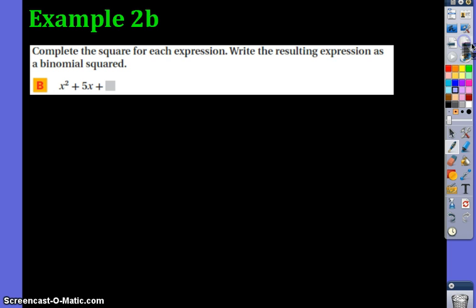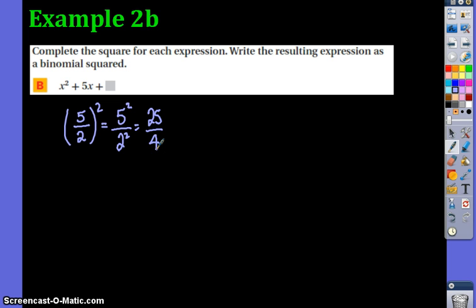All right, let's look at this one. Complete the square, rewrite as a binomial squared. Remember, we want to take half of b, so 5 divided by 2, and we want to square it. 5 divided by 2 doesn't divide nice and easy, so we're just going to leave it as 5 over 2, but we're going to square it. Remember our properties of exponents. This is really 5 squared over 2 squared, which is 25 over 4.